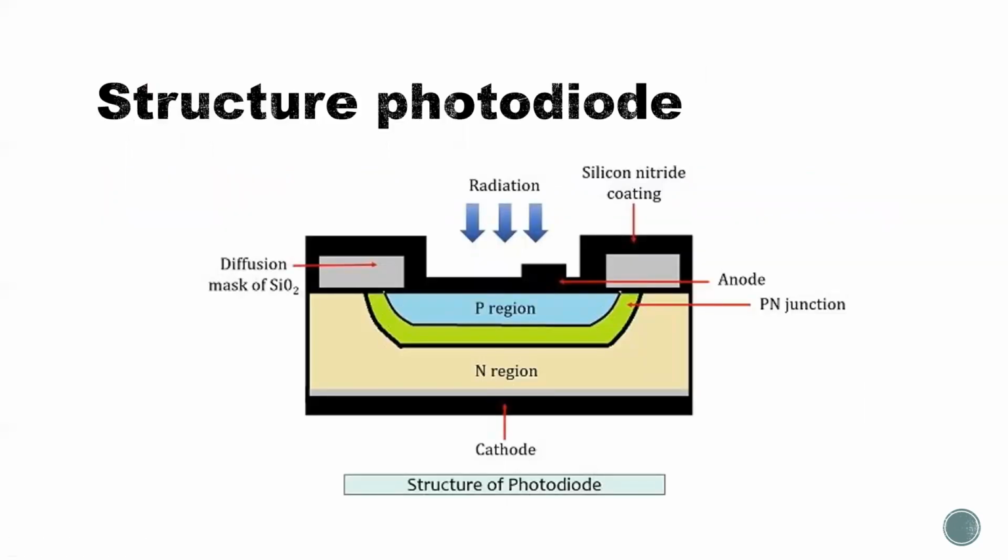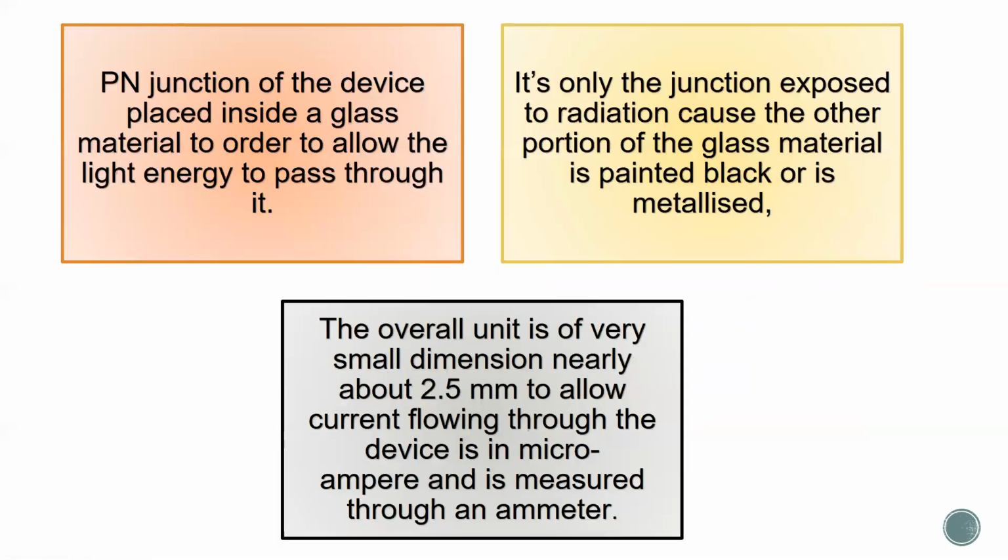This is the structure of the photodiode. It has radiation, a silicon coating, a P region and an N region. This is the anode and the cathode. The PN junction of the device is placed inside a glass material to allow the light energy to pass through it.